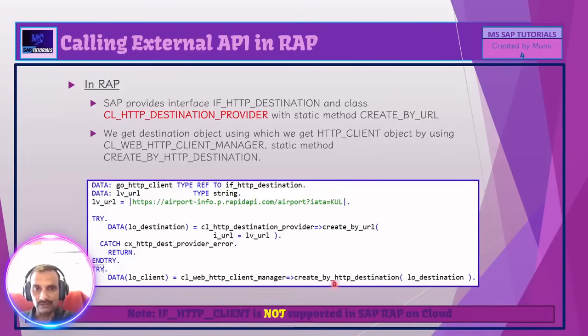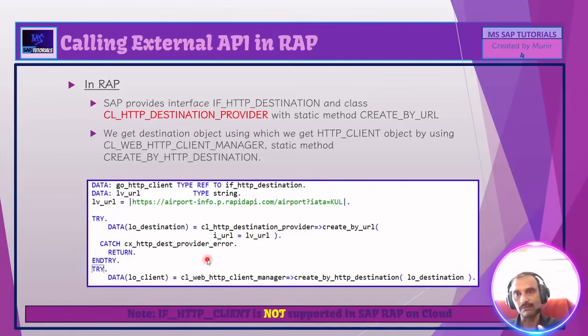Now, using this, we just pass the destination. Destination is now linked to our URL, so our client is indirectly linked to the URL. And then after that, you can actually go and do the set or get method, give the content type, give the payload, whatever that particular URL needs.